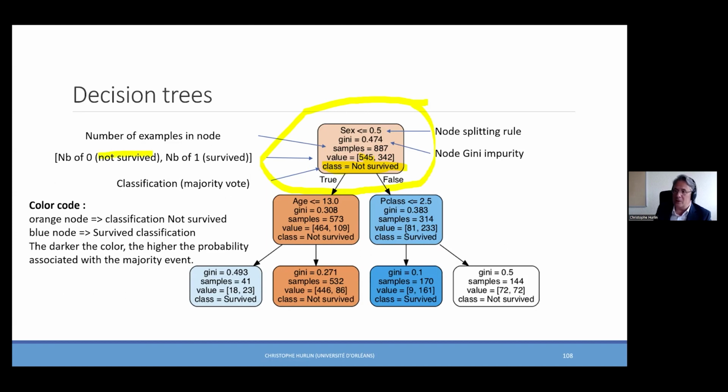And so the prediction for all the individuals who belong to this class is that they did not survive. But this is not interesting if you consider decision nodes. So where are the final nodes? The final nodes are here, here, here, and here.